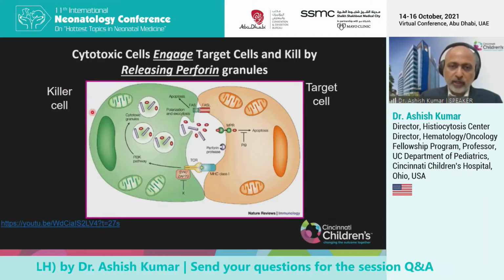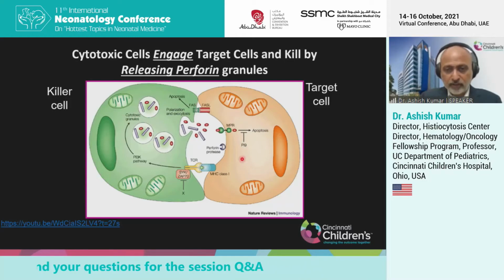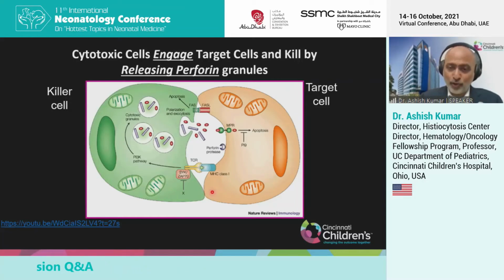So shown here is a detailed view of how the cytotoxic lymphocytes kill the target cell. They do so by creating an immunologic synapse, which is similar to the neurologic synapse, where 2 cells make contact, but there's a small gap in between.